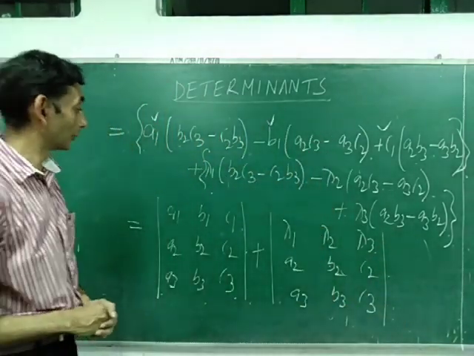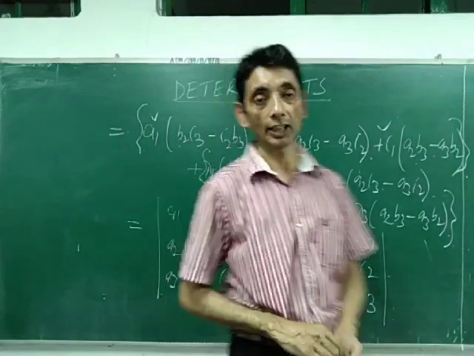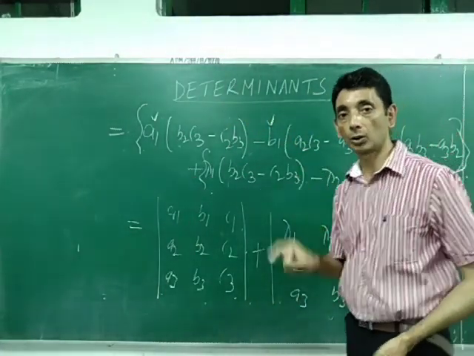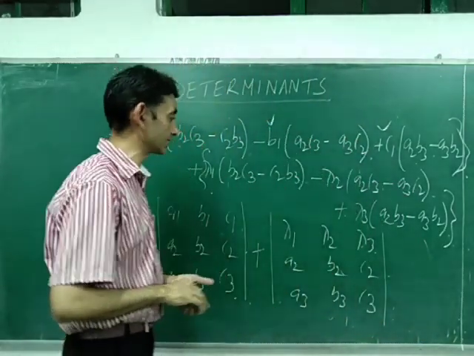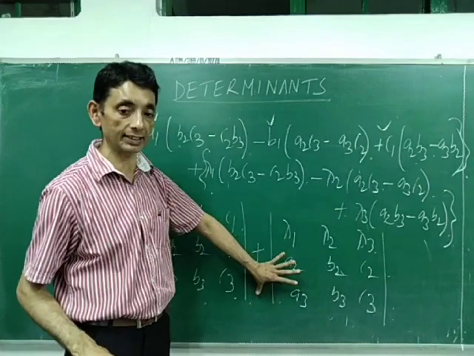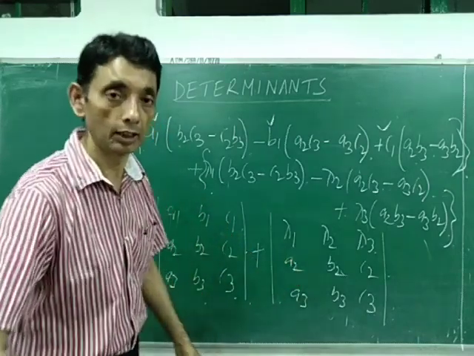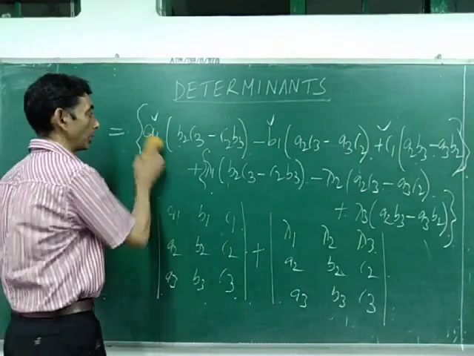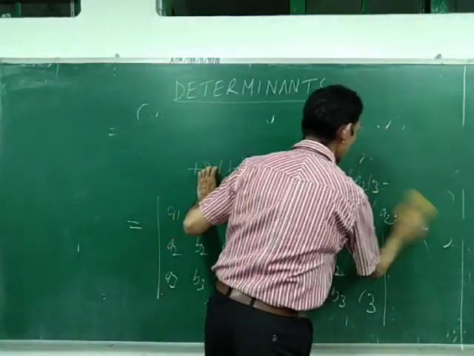So we have seen that if the terms of a row or column are expressed as a sum of two numbers, then the determinant is expressible as a sum of two determinants. Now we can move to the next property. What is the next property?